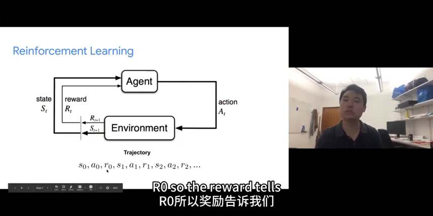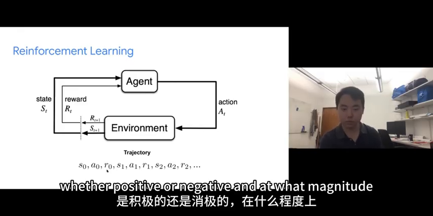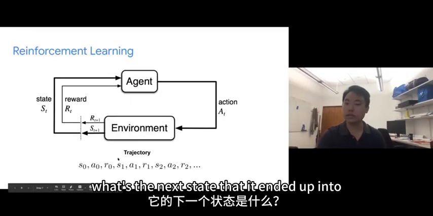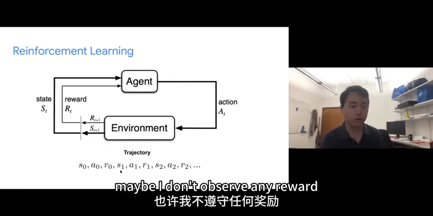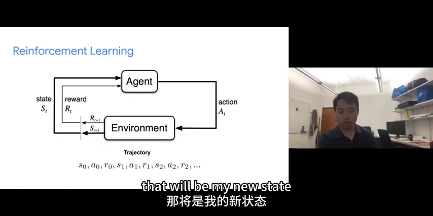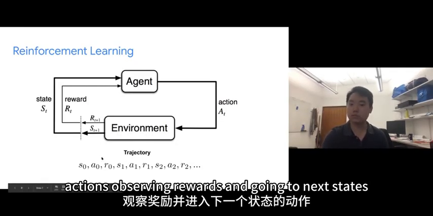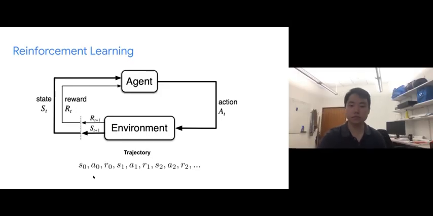A reward tells the agent how well it's currently doing in its environment, whether positive or negative, and at what magnitude. The environment also tells the agent what next state it ended up in. So if I move left, maybe I don't observe any reward, and I move one space to my left, and that will be my new state. This sequence of interactions, from states, actions, observing rewards, and going to next states, defines a trajectory of the agent interacting in this environment.